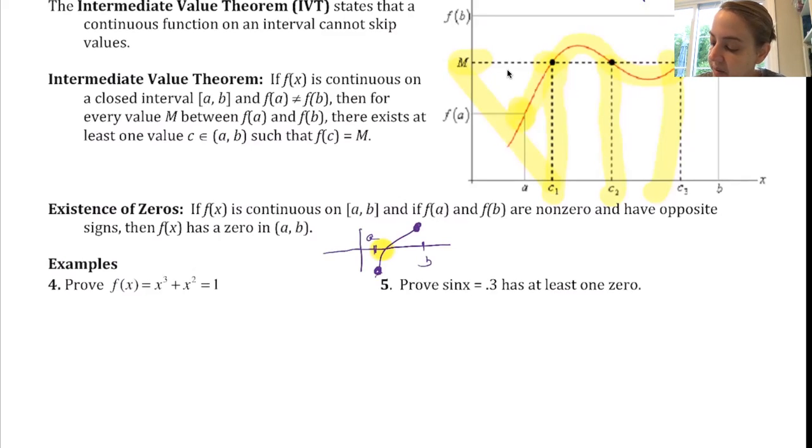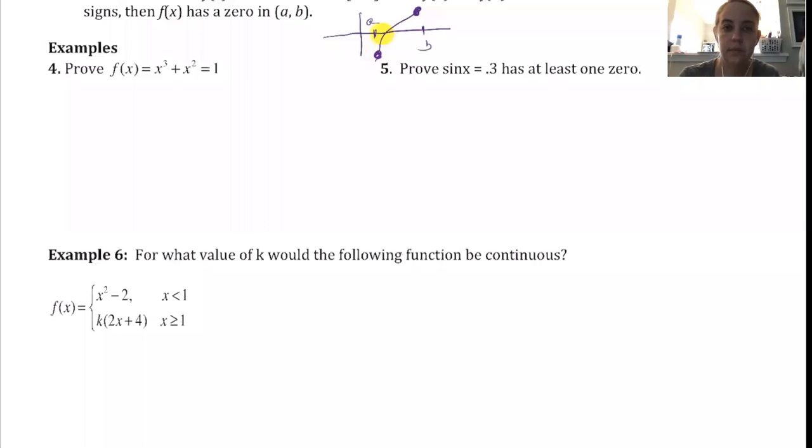All right, so let's prove f of x equals x squared plus x equals 1. All right, so for example 4, we're discussing intermediate value theorem. We want to prove that f of x equals x squared, nope, x cubed plus x squared equals 1.